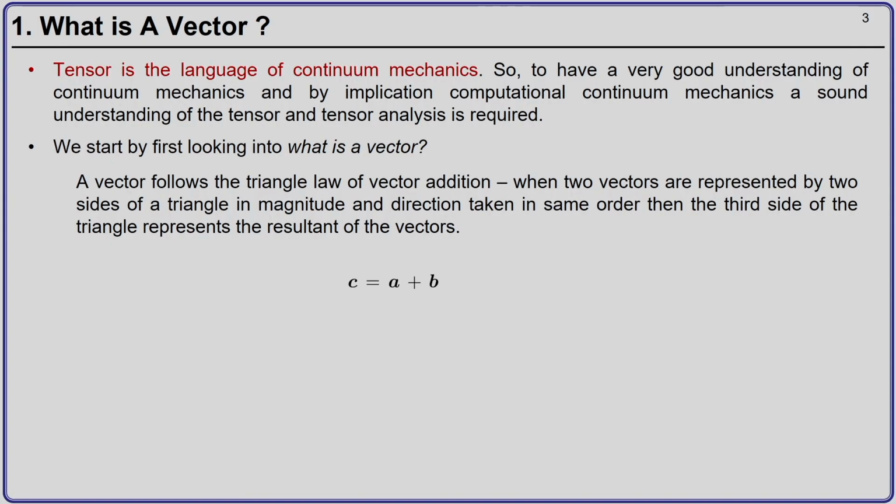So, coming back to our question, what is meant by a vector? A vector, from our school days, we know was defined as something which has magnitude and direction. But not everything which has a magnitude or a direction can be classified as a vector. Take for example a book. A book has a direction: you always read a book from one side to the other, from top to bottom.